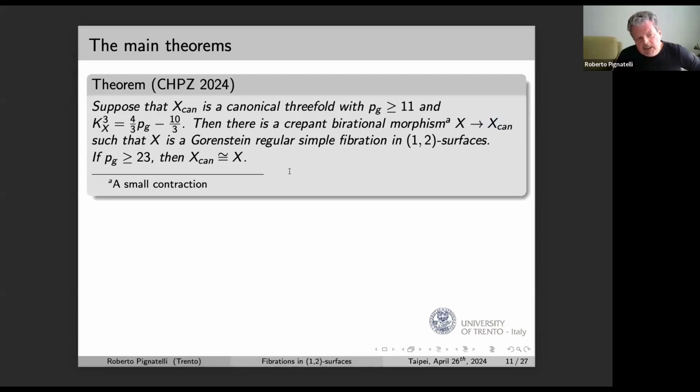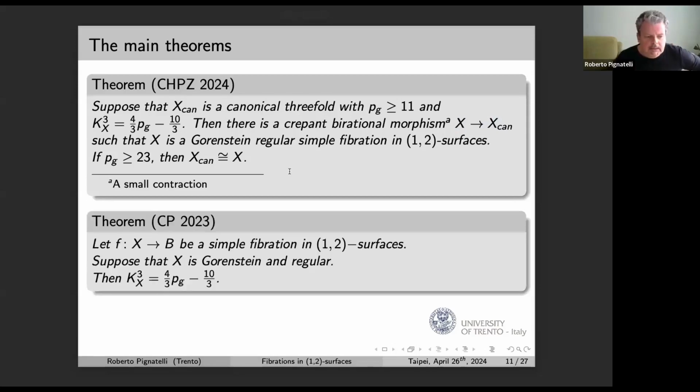And this result in some sense completes what we did before with Stephen Coughlan and myself, which is the paper I mentioned before. On the opposite side, if we have a simple fibration in surfaces, and we assume Gorenstein and regular, so essentially these two assumptions, then automatically the volume is 4/3 p_g minus 10/3.